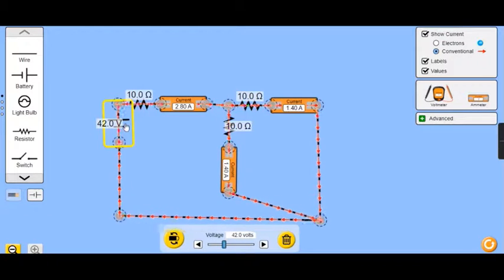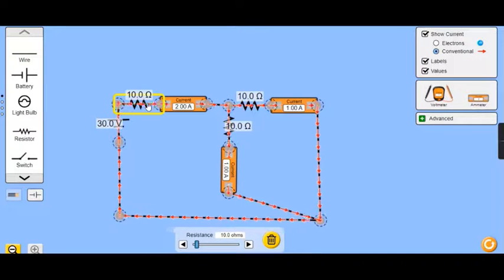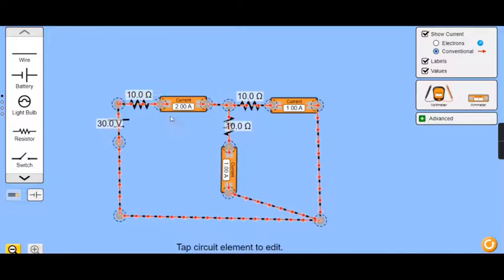To vary this RPS, you can initially set any voltage, which initially we will set to 30 volts, and the resistances are equal, 10 ohms, 10 ohms and 10 ohms. If you see, the current flowing in ammeter 1 is 2 ampere, ammeter 2 is 1 ampere and ammeter 3 is 1 ampere.